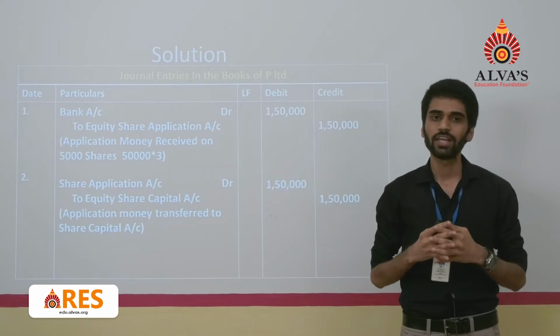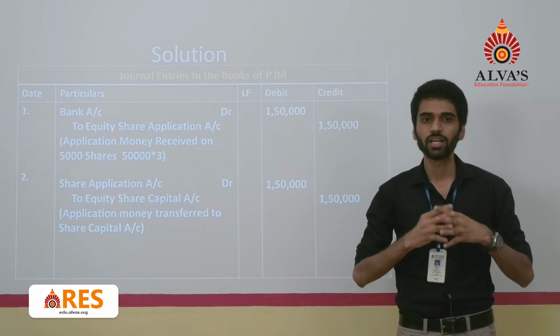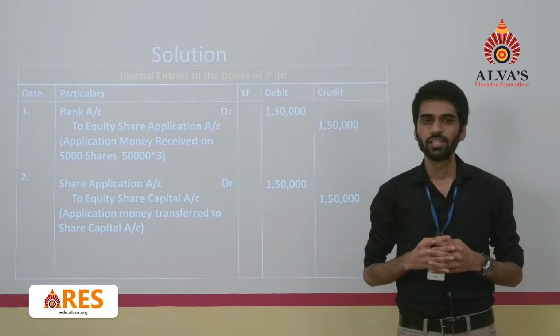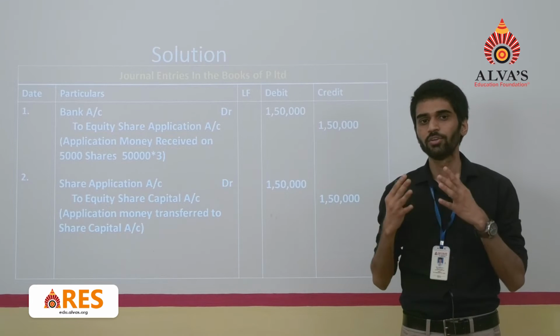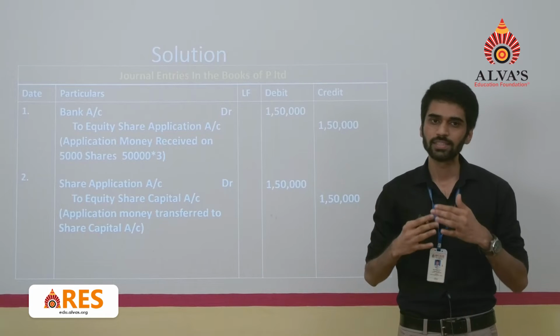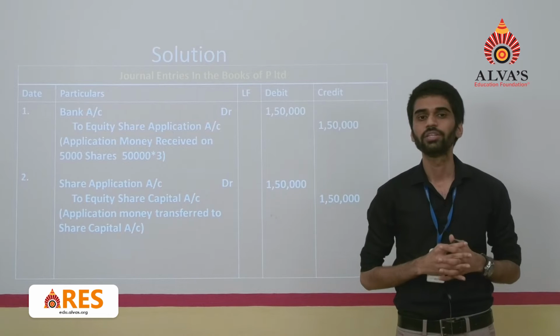Whenever you collect the application money, you pass the journal entry: bank account debtor to share application account. Money comes to the organization, and you know the rule: whenever there is an increase in the assets, or whenever an asset comes into the organization, that account has to be debited.